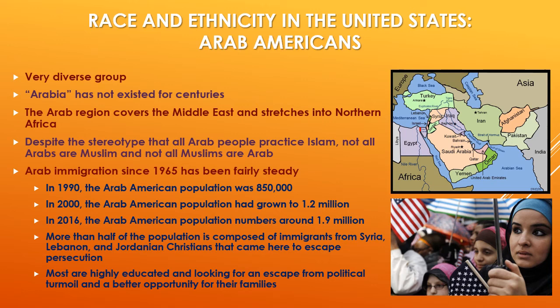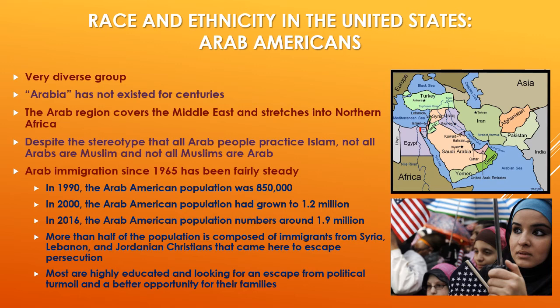And lastly, we'll take a look at Arab Americans. Again, like everything else, the term Arab Americans spans a very wide variety of peoples from different countries and cultures. Though the land area known as Arabia has not existed for centuries, the Arab region spans the Middle East and Northern Africa.